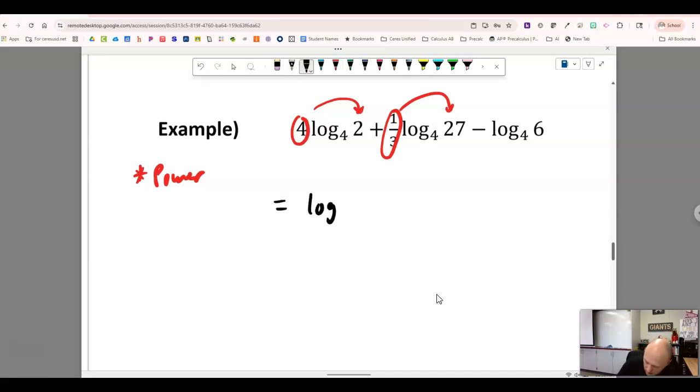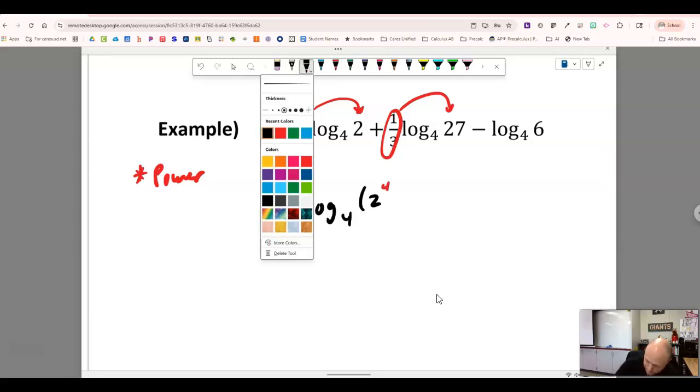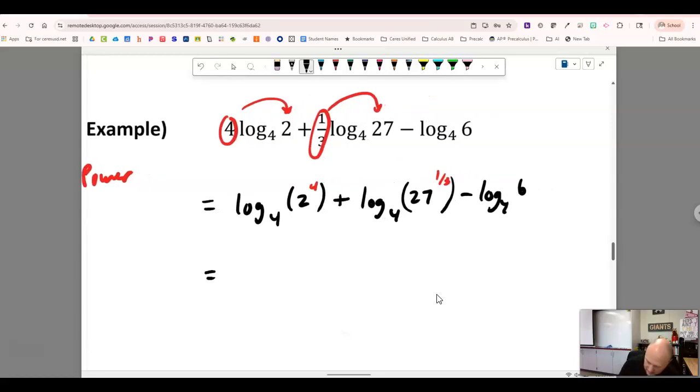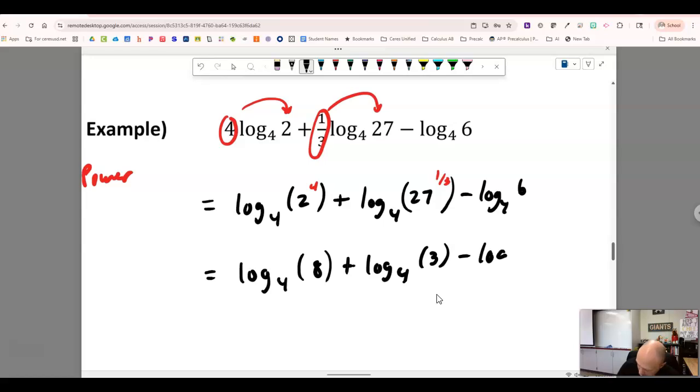So I get log base 4 of 2 to the 4th, plus log base 4 of 27 to the power of 1/3, minus log base 4 of 6, and we can clean this up. I get log base 4 of 8 plus log base 4 of 3 minus log base 4 of 6.